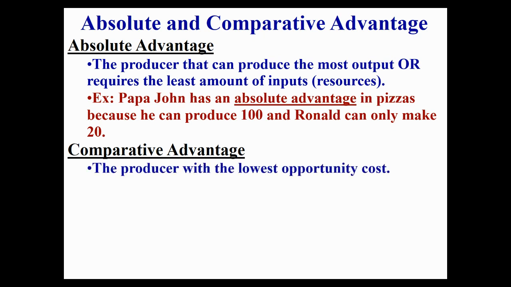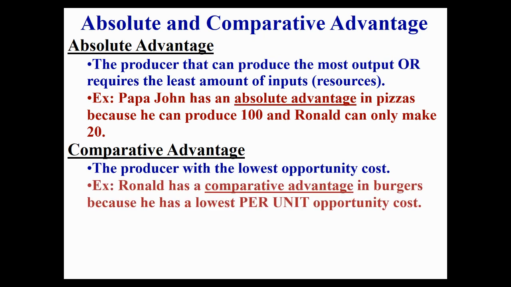Comparative advantage is whoever has the lowest opportunity cost, whoever gives up the least. So Ronald McDonald has comparative advantage in burgers because it costs him the lowest per unit opportunity cost, right? For Ronald McDonald to make one burger, it was 1/10 of a pizza, and for Papa John's, for one burger, it was 1/2.